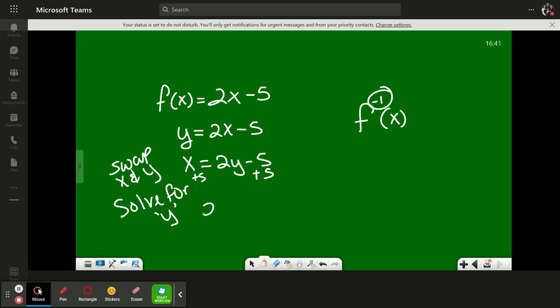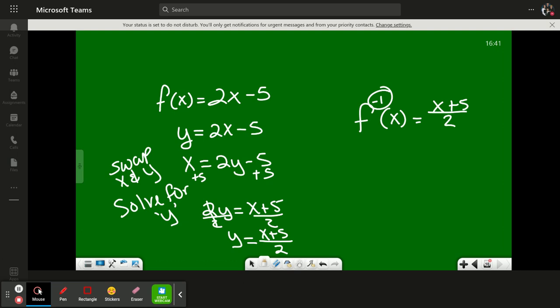That gives me 2y equals x plus 5. Then I divide by 2, and that gives me y equals (x plus 5) divided by 2. So my inverse function of f of x is (x plus 5) divided by 2. Hard? Two easy steps. Swap your x and y, solve for y.